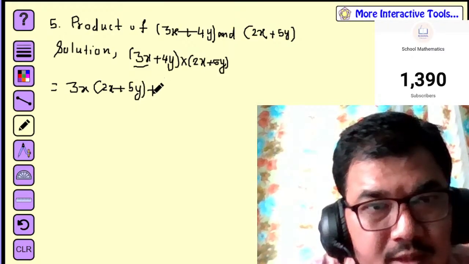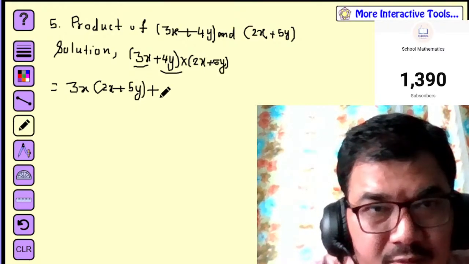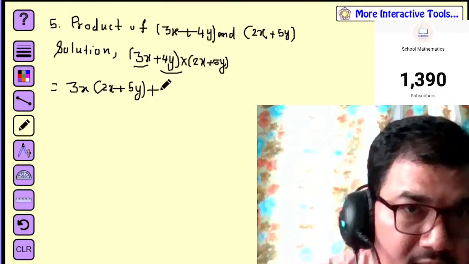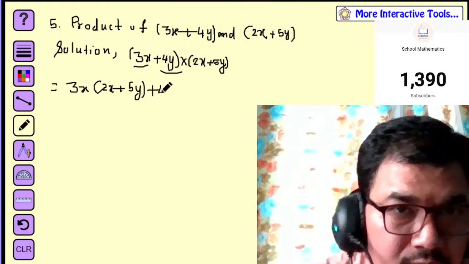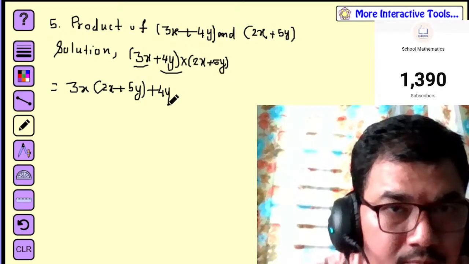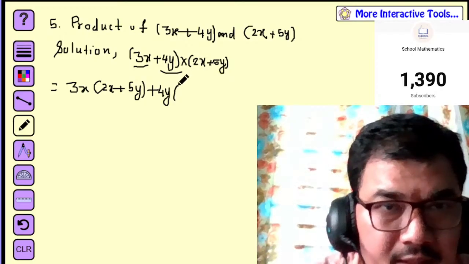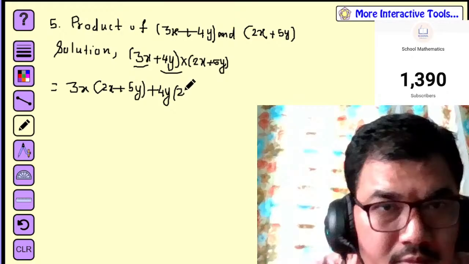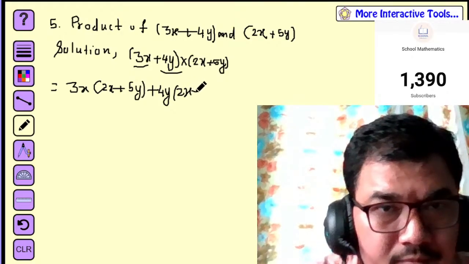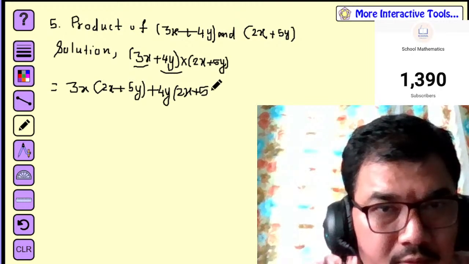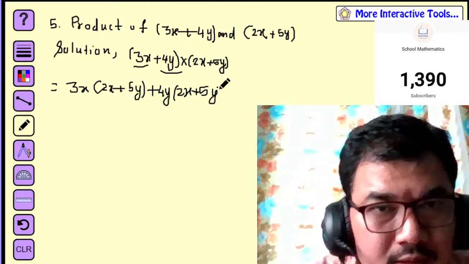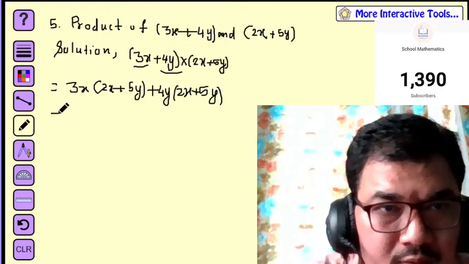Then whose term came now? This is plus 4y, so write plus 4y. If it were minus, write minus. Then again 2x plus 5y. This is the method to find the product.